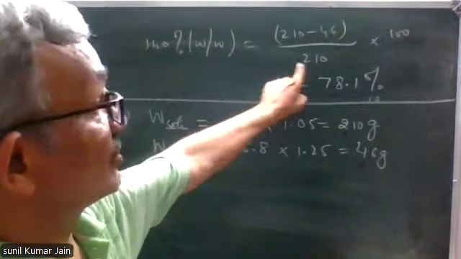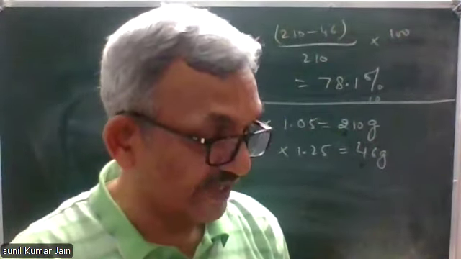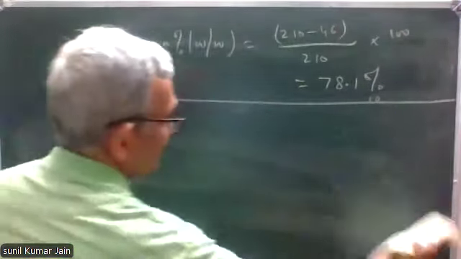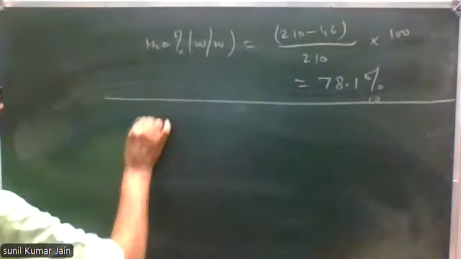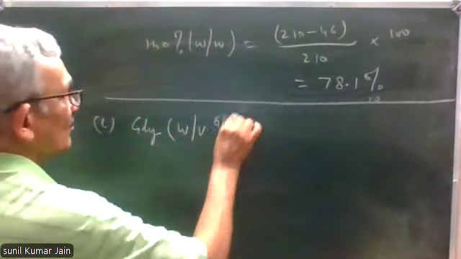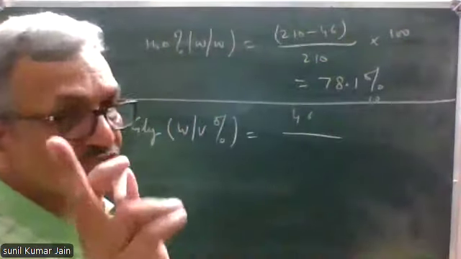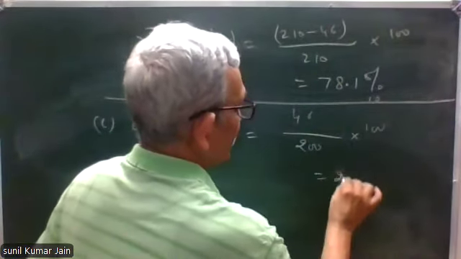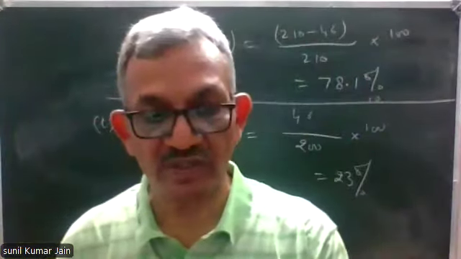Third part is weight by volume percent of glycerine. Weight of glycerine 46, volume of solution 200 into 100, 23%. So these are three answers of three parts.